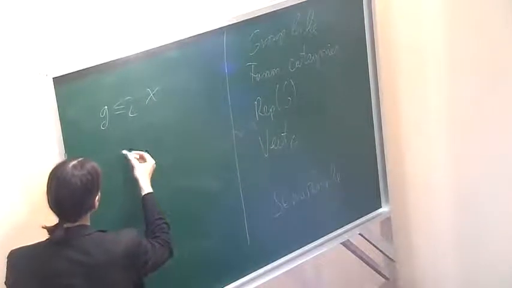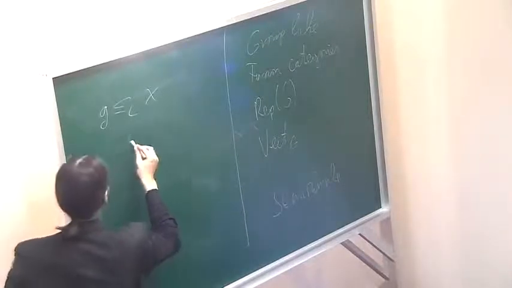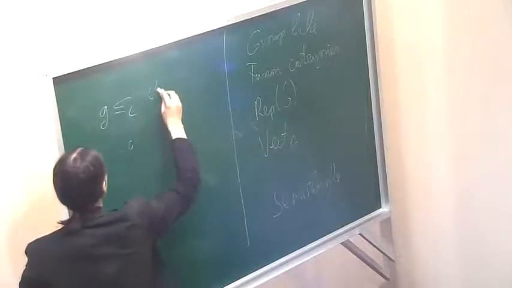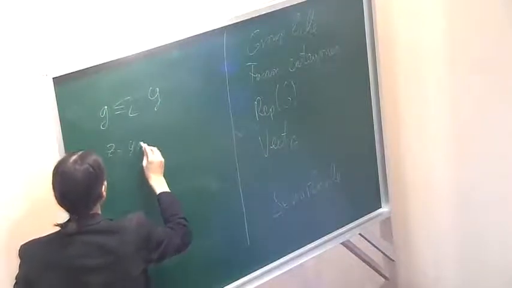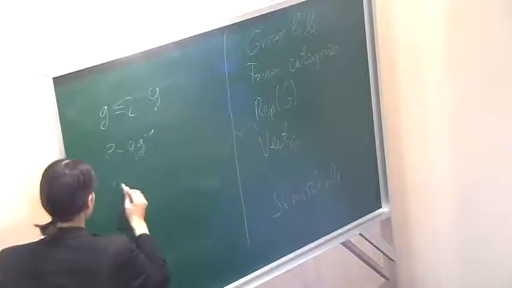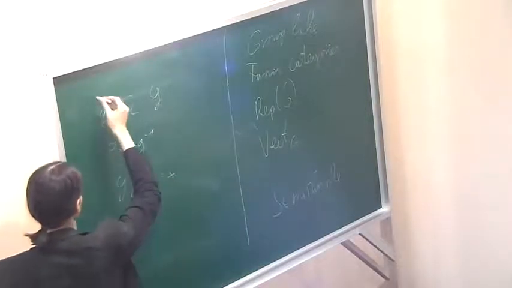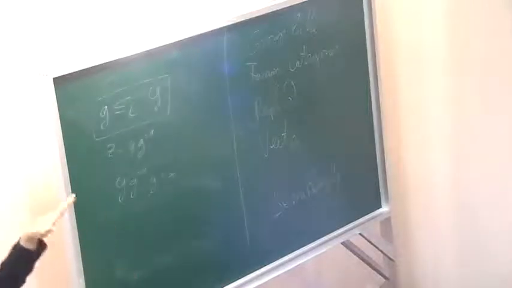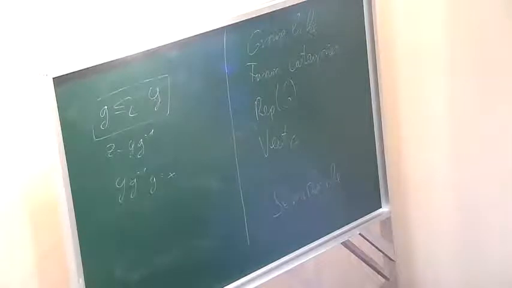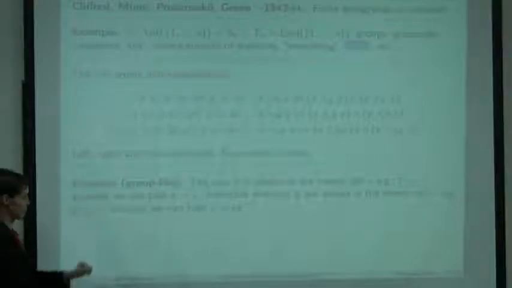We can just take x, and z to be y g inverse, and of course then y g inverse g equals x. So every group element is always in the bottom cell, in the bottom equivalence class. For groups, the group will cluster itself in the bottom cell.